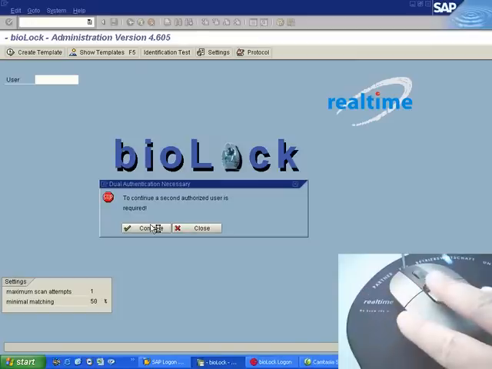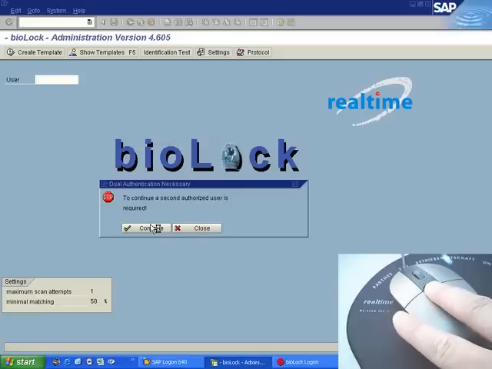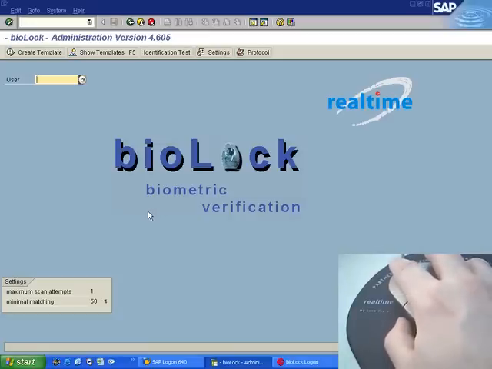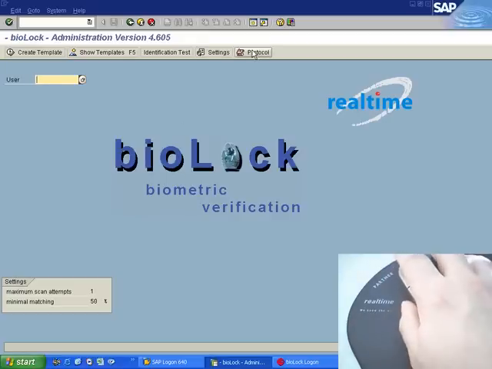Now you see that April is putting her finger on the sensor, and after the successful verification of April, we have access to the Biolog transaction. So basically we have two signatures on a check anywhere within the SAP workflow.